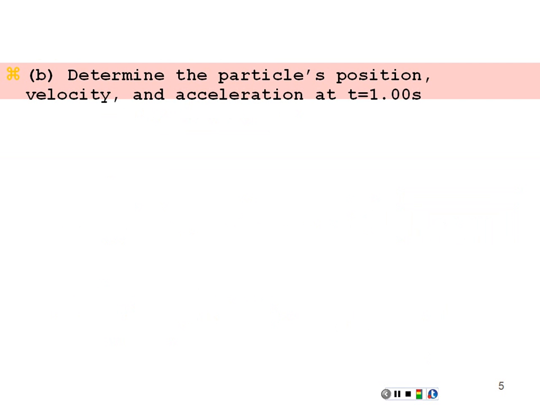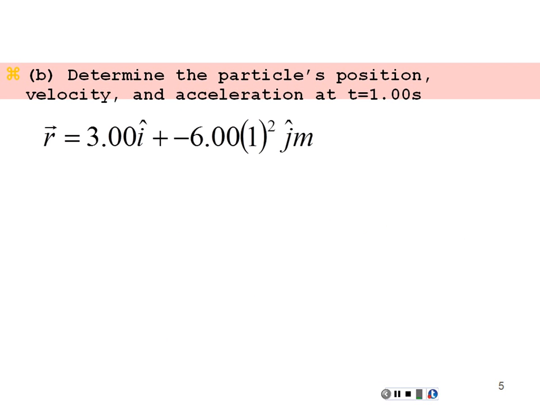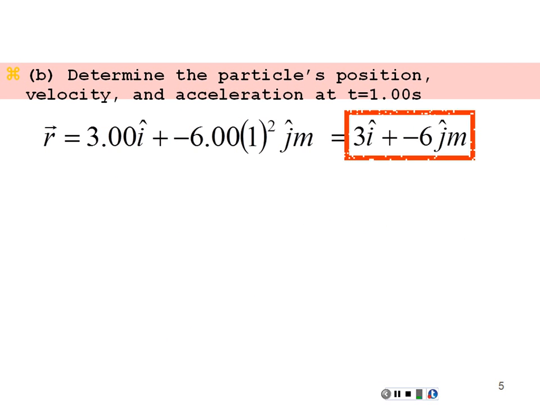Determine the particle's position, velocity, and acceleration at t equals 1 second. We're just going to plug in t equals 1 second into these expressions. For my position, that's going to be 3i plus negative 6 times 1 second squared, which is just 3i minus 6j meters. That'll be my position.